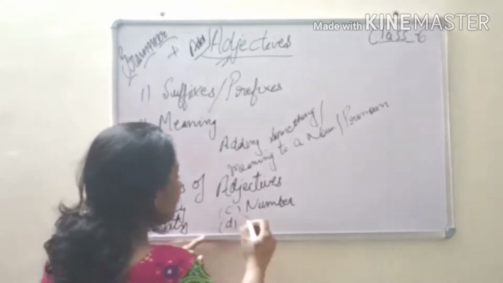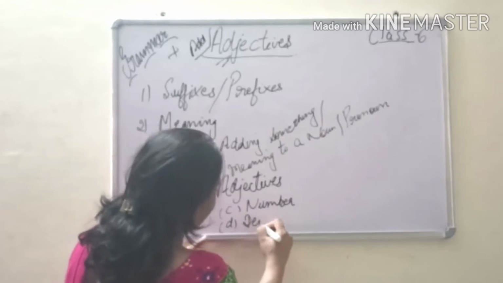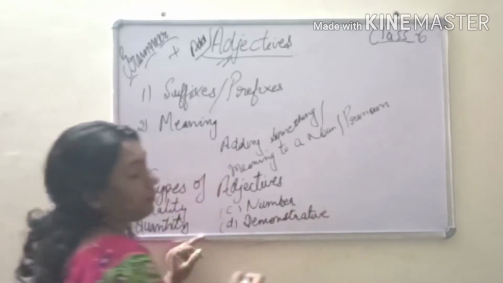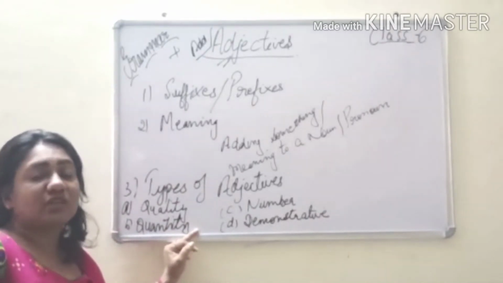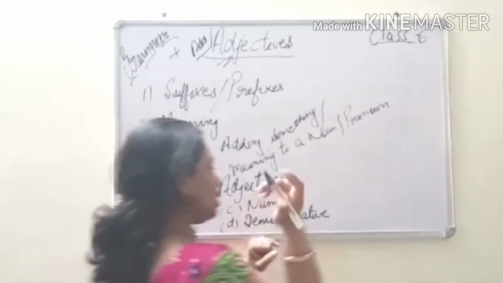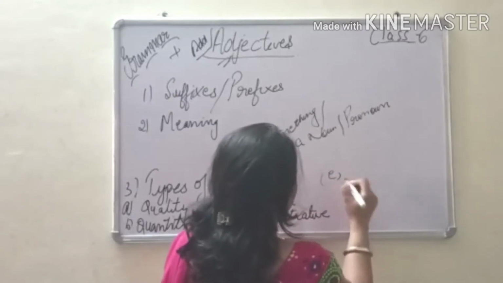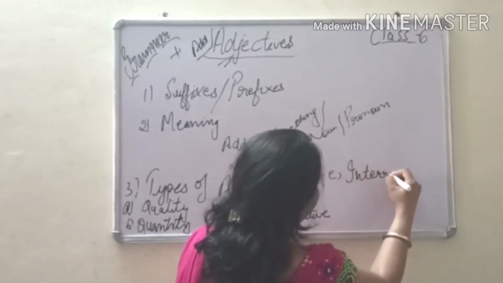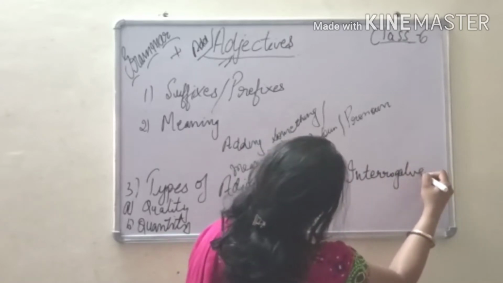Then we have demonstrative adjectives. It is similar to the pronouns that we have done. There we did demonstrative pronouns: this, that, these, those. So we'll be doing that again. Then we'll be discussing interrogative adjectives, as we did in the pronouns.